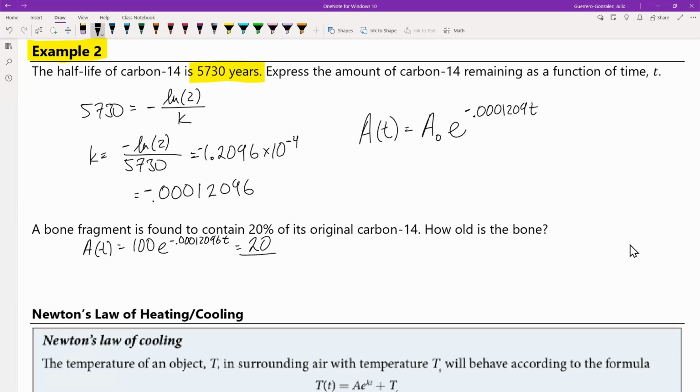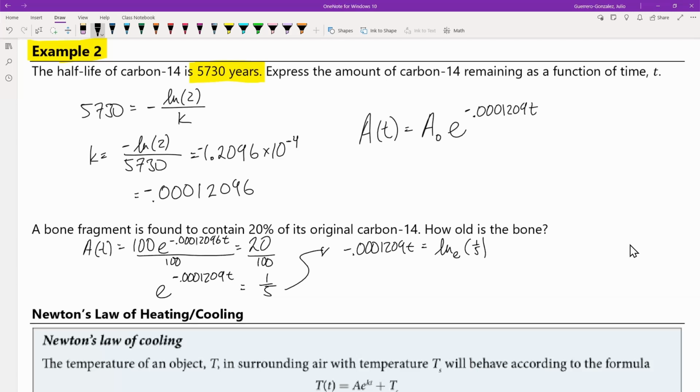So divide by 100, not 20. e to the negative 0.00012096t is equal to 1/5, if you reduce that. So now negative 0.00012096t is equal to ln base e of 1/5.